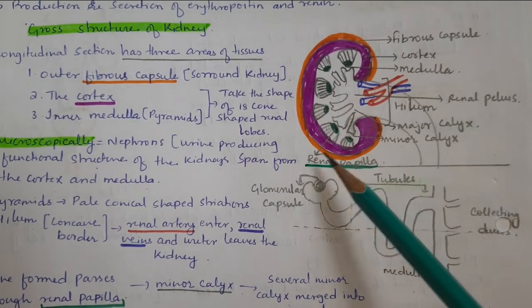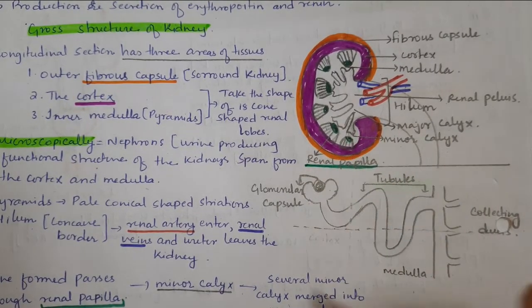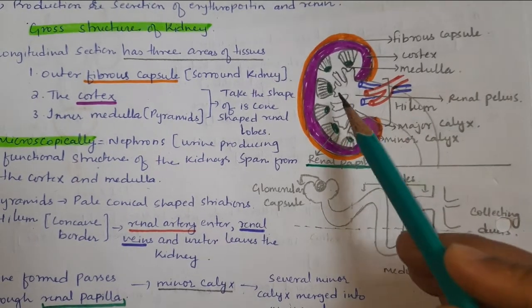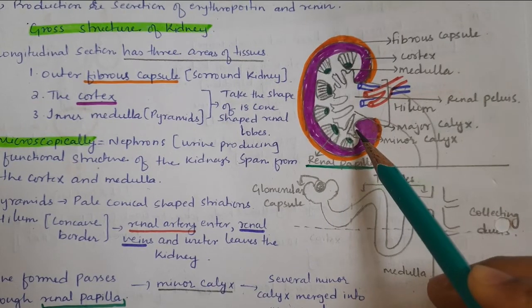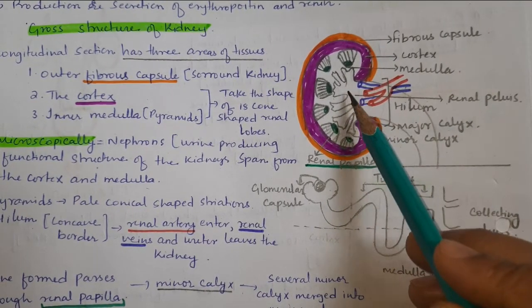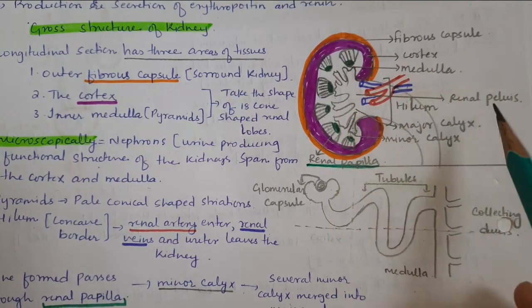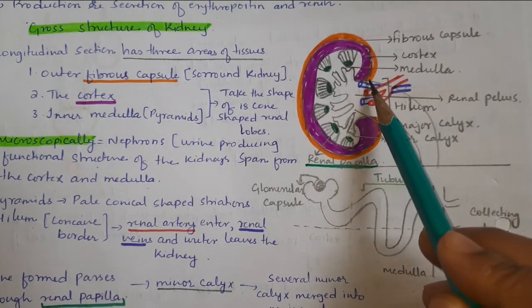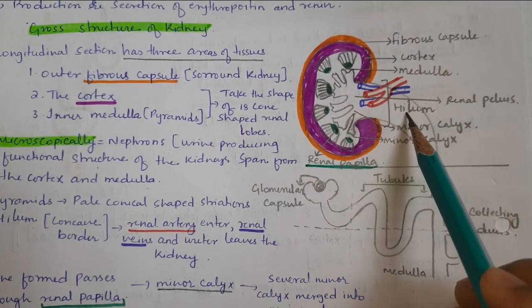You can see here the renal papilla. From the renal papilla, it will go on to the minor calyx. So this part is a minor calyx, and from the minor calyx it will move on to the major calyx. So this one is a major calyx. From that, 2 to 3 major calyces will form a renal pelvis. So this bigger one is the renal pelvis, and from the renal pelvis it will go on to the ureter.